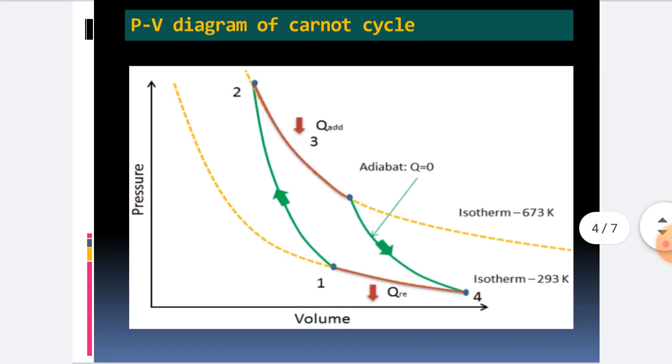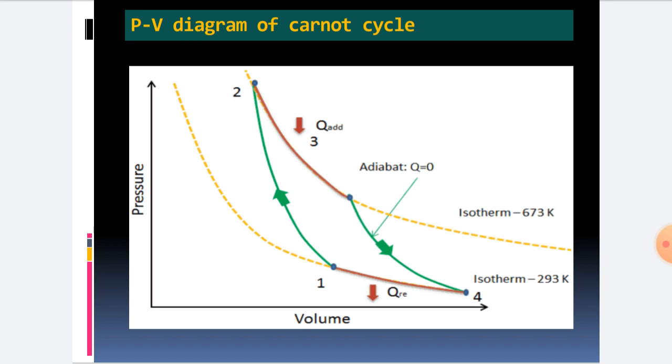Now, this is the PV diagram of Carnot cycle, in which the first step is reversible isothermal expansion. The cylinder containing the gas at an initial volume is placed in contact with the source and the gas is allowed to undergo an isothermal expansion reversibly to a volume V2.